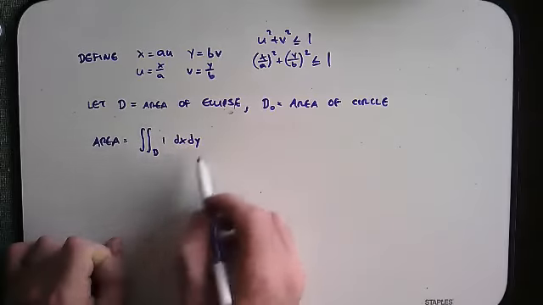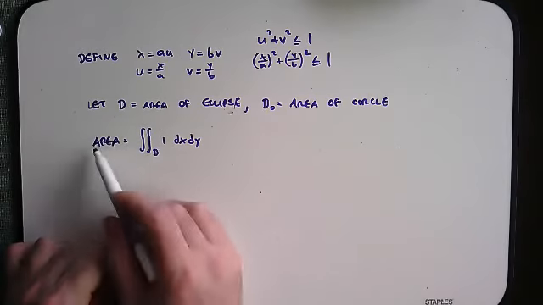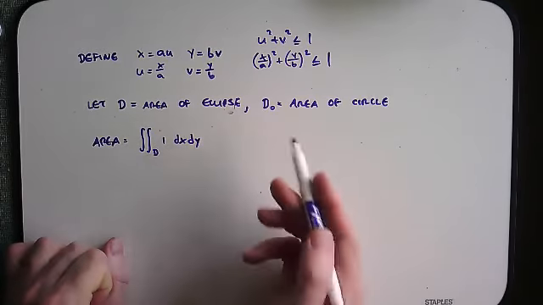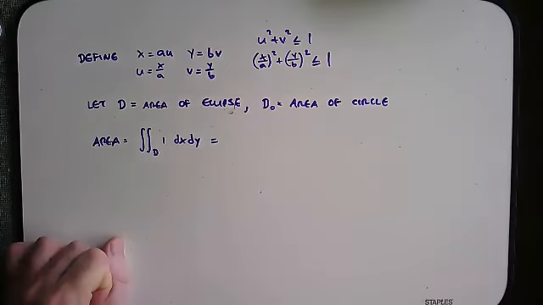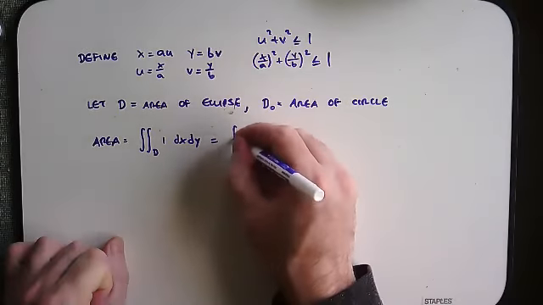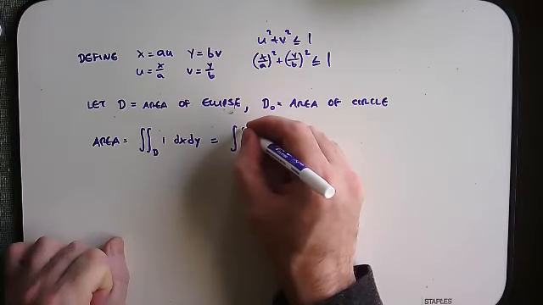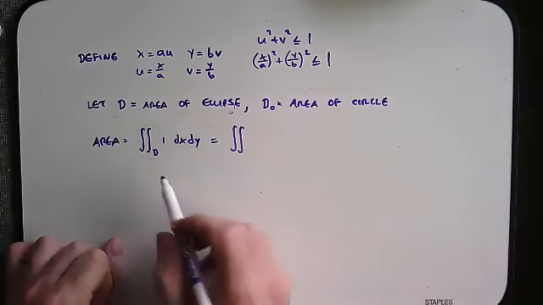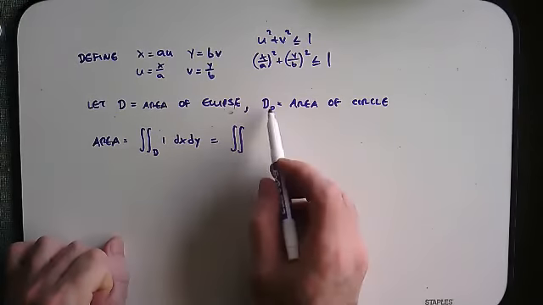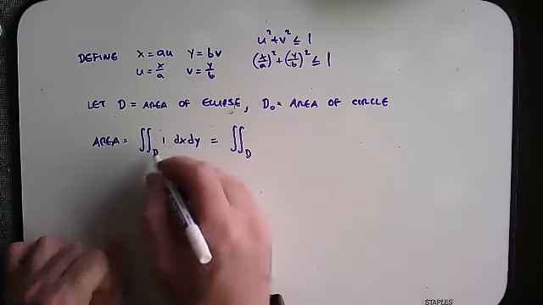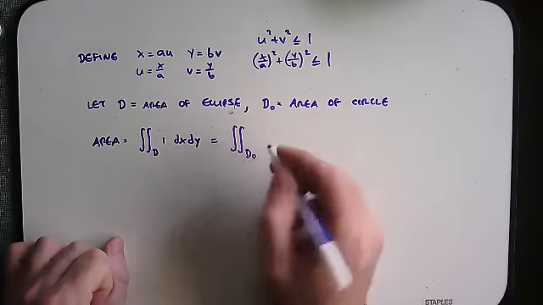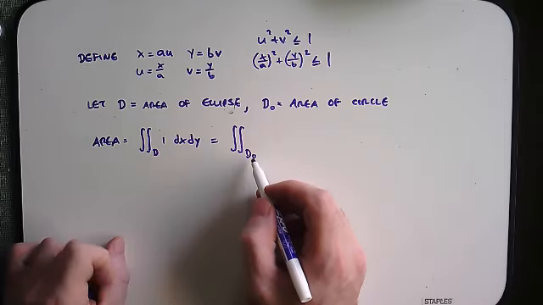That's just a way of saying the area of the ellipse is the area of the ellipse. But what we can do now is, using our change of variables, write it in terms of not x and y, but u and v. So u and v define the area of the circle. Now we'd be integrating over a region bounded not by an ellipse, but by a circle.